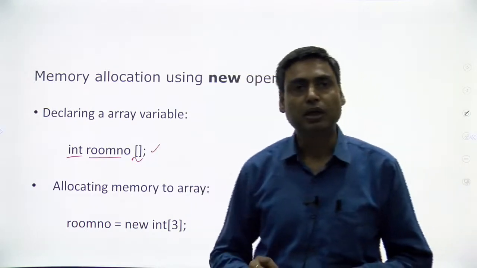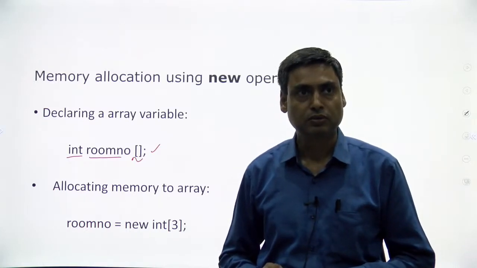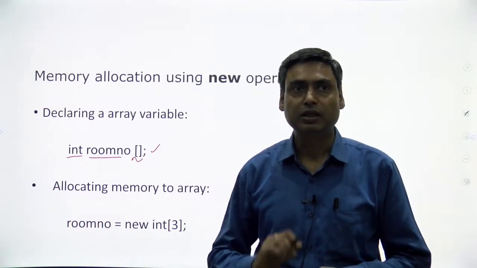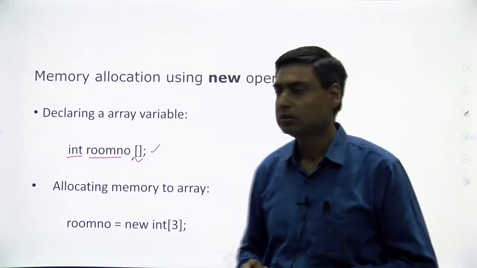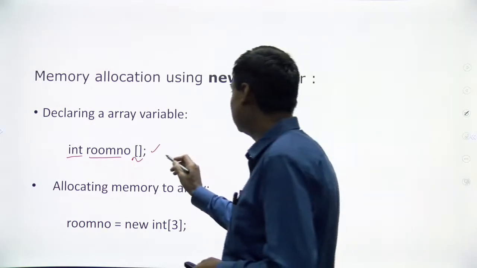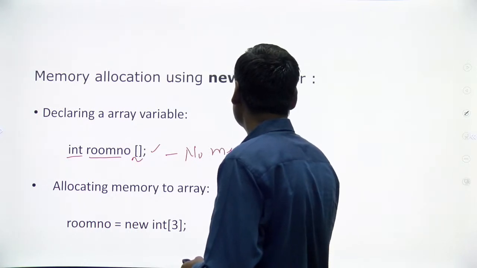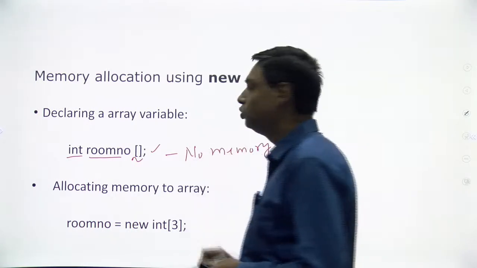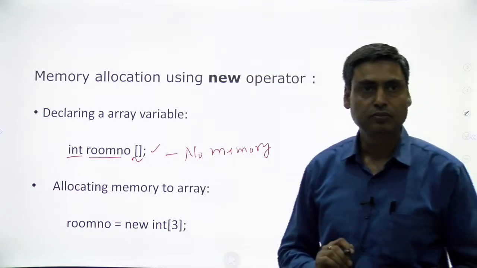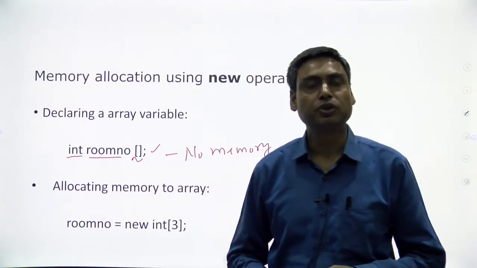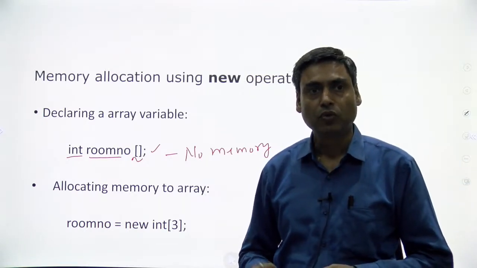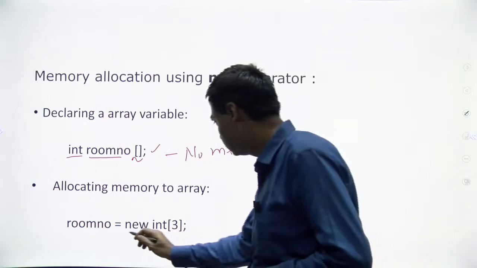Now a very important part in the Java language is that whenever you declare an array, no memory is allocated here. There is no memory allocation. So to allocate memory to the array, we need to use the new operator.